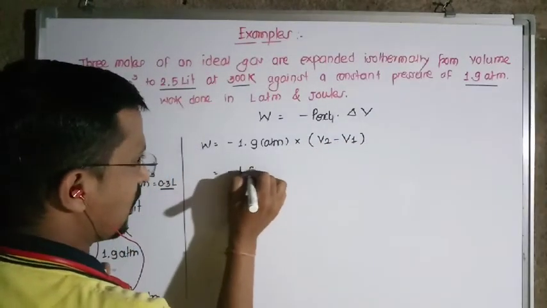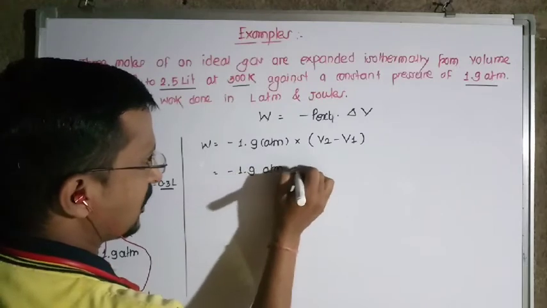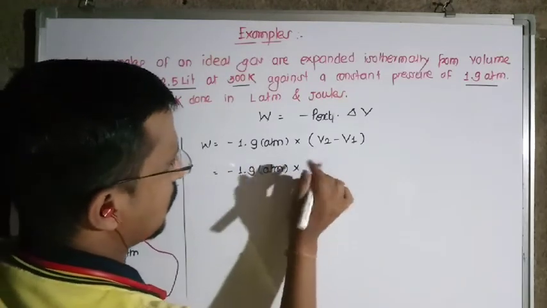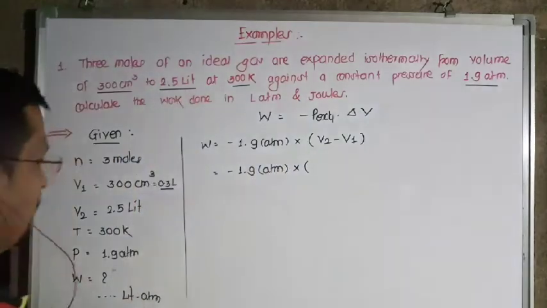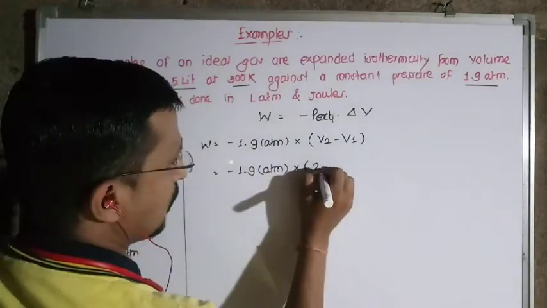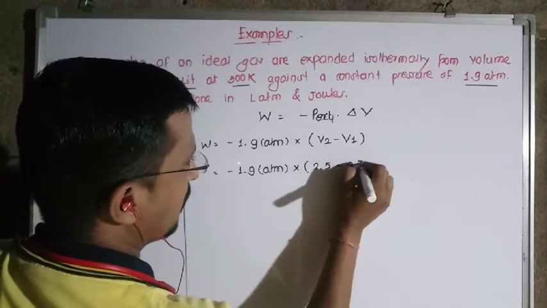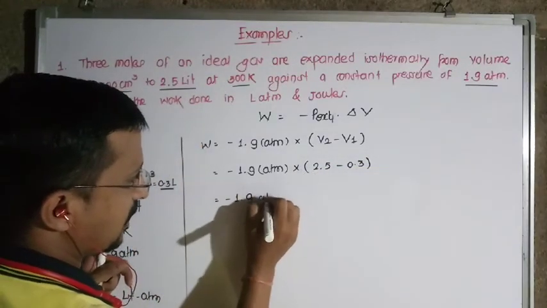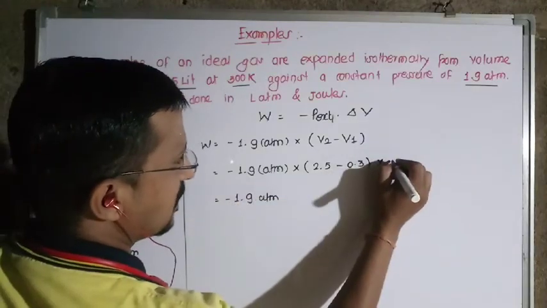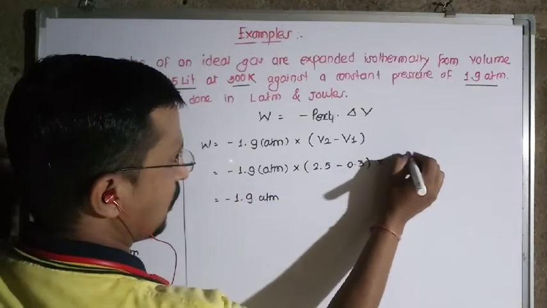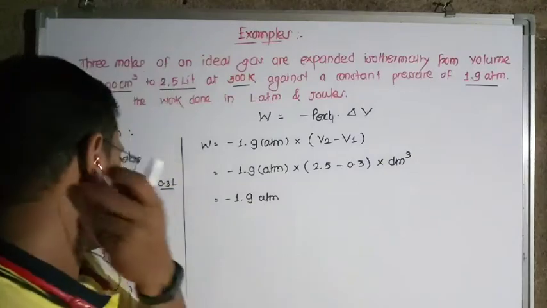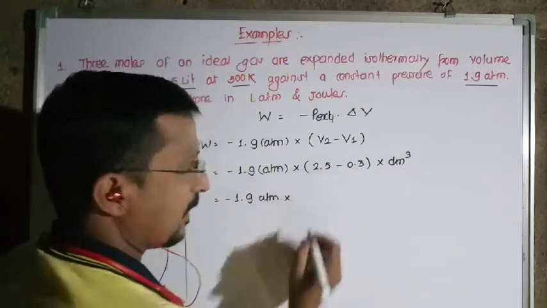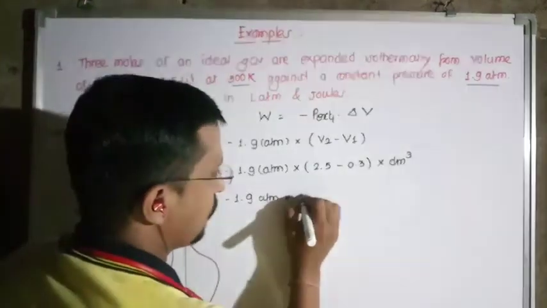So minus 1.9 atmosphere into 2.5 minus 0.3, and the volume is given in dm cube, a common unit. 2.5 minus 0.3 becomes 2.2.